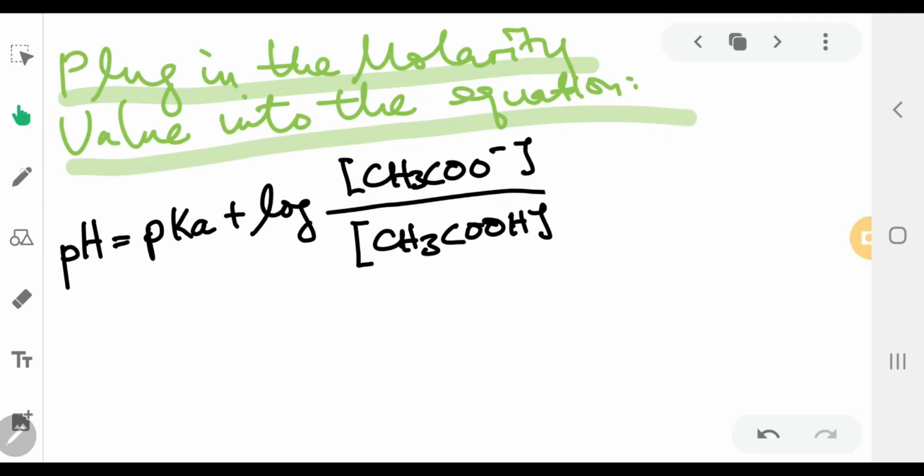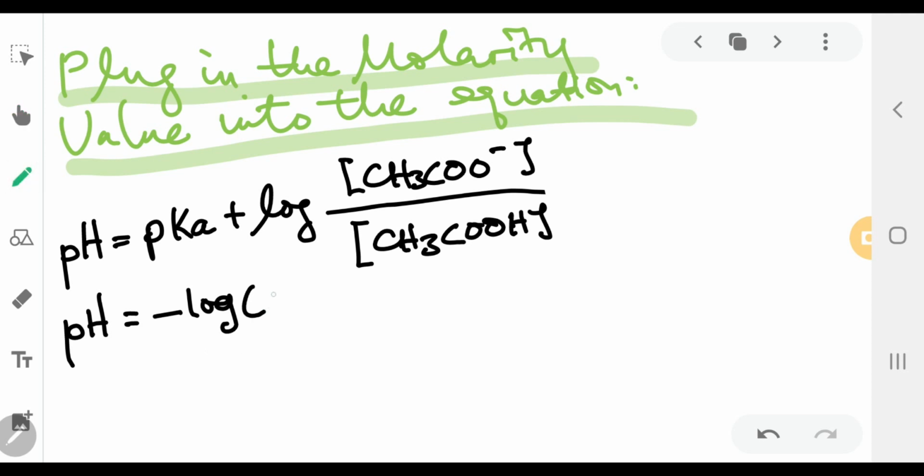So pH equals to p right here, guys. This p is equals to negative log, okay? That p right there is equals to negative log.